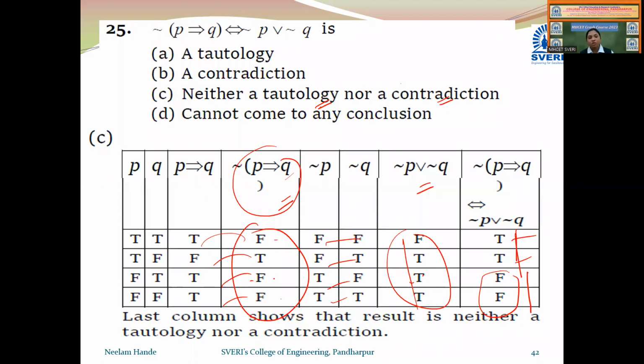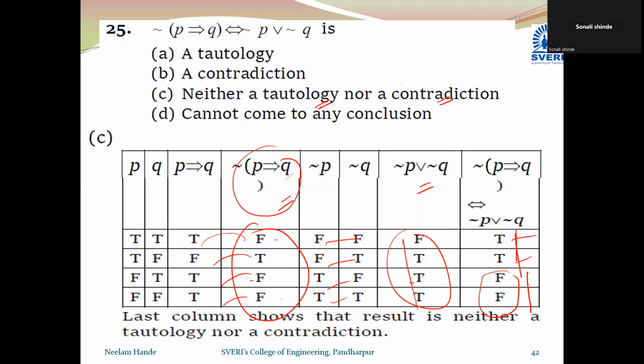The first four tables are very important. Which four? P, Q: And, Or, Implication, and Double implication, and Negation. Let us revise. In the And table, only true and true is true, all others are false. In the Or table, only FF is false, all others are true.